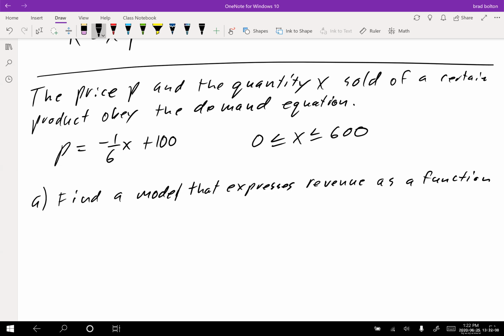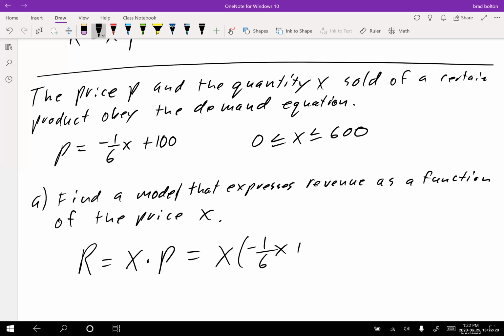They want you to write it as one variable, a function of the price, which we know is X. Okay, so what we need to first do is we just write R equals X times P, but we know that P is actually negative 1/6 X plus 100. So this is actually negative 1/6 X squared plus 100 X.